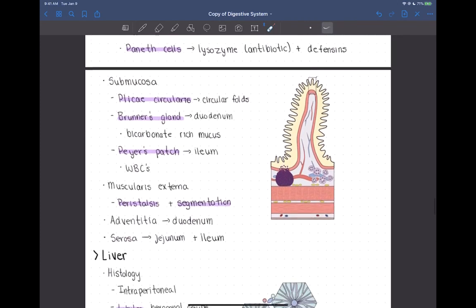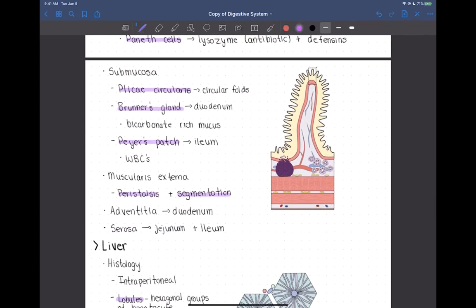So now let's talk about a couple of important features of the submucosa. So with the submucosa, it is also going to be folded. So you can see here, right, these would be villi, so just folds of the mucosa. And then the submucosa as well is going to fold. All right, and so these folds are called plicae circulares.